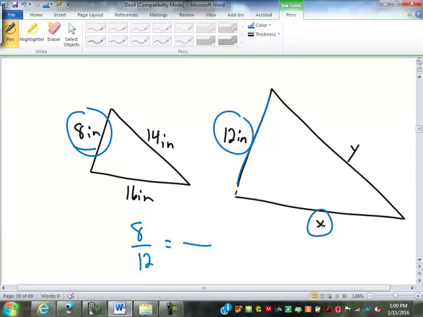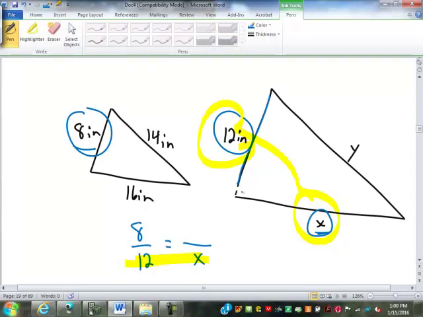Now if we're trying to find X, is X going to go on top or bottom? Why does it go on bottom? It's from the same triangle as the 12, so it has to go with the 12. Perfect. What's going to go above it?